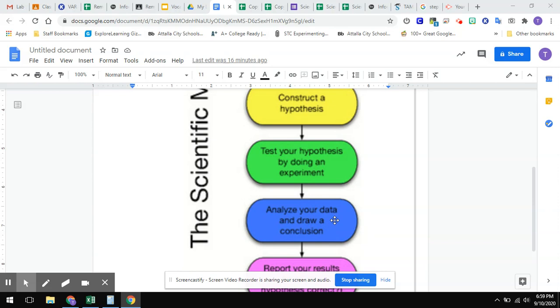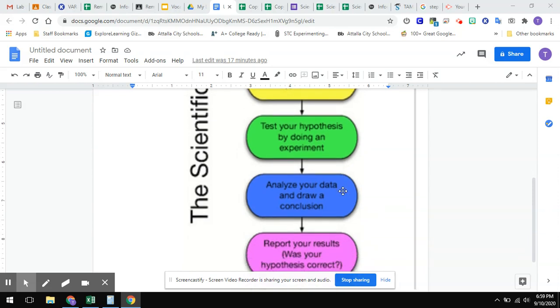And drawing your conclusion means that you're going to be able to state things such as, were you able to support your hypothesis? Was it true or not? And then you're also going to be able to go back into this data that you collected, and use that to support the yes or no as to if you proved or disproved your hypothesis.